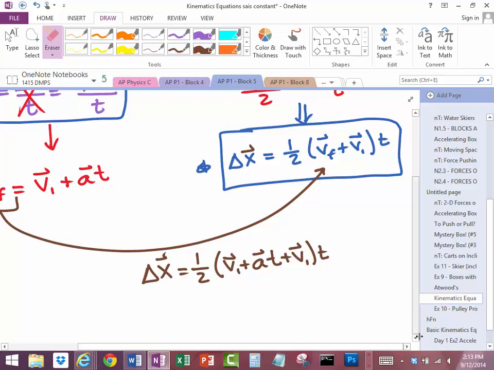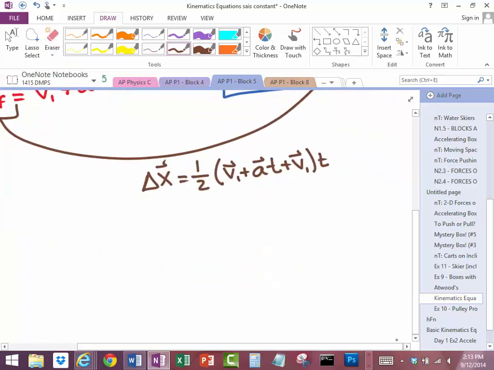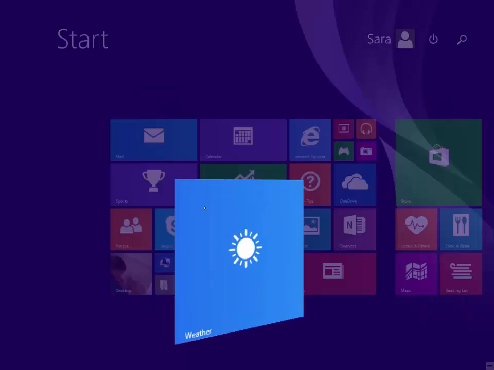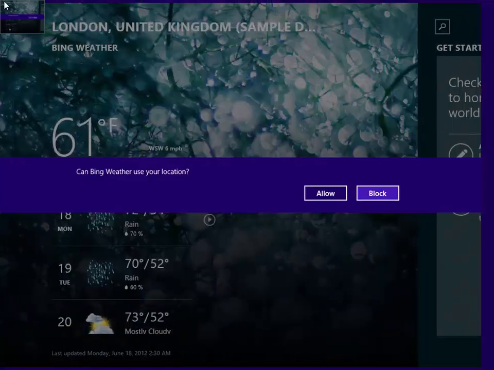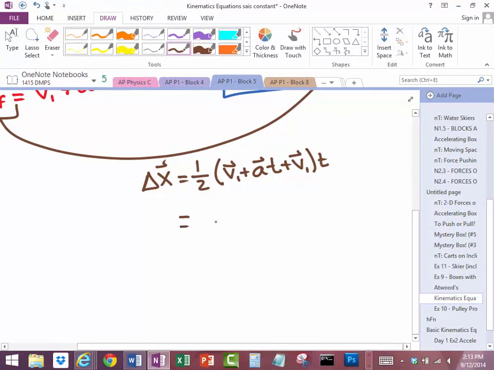What's Vi plus Vi? 2Vi, right? So it's 1/2 times (2Vi plus at) times t. Looks like we need to do some distribution, doesn't it?